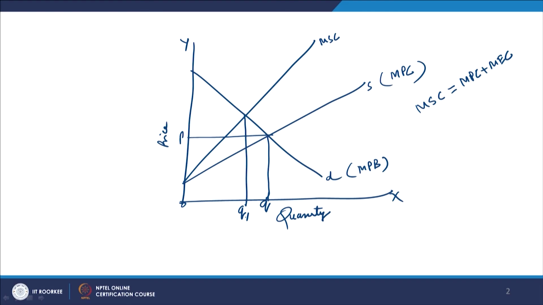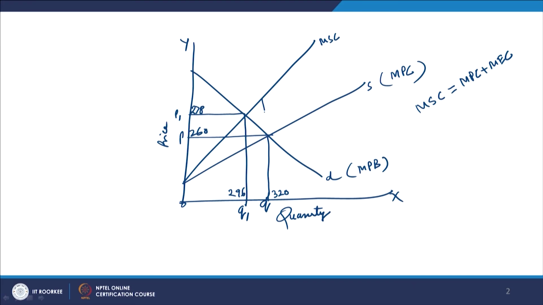In our example, the initial output was 320 and the price was 260. Now, when marginal external cost is added, the new price P1 is 277.8, and the new output is 296. You can check from the numerical example.